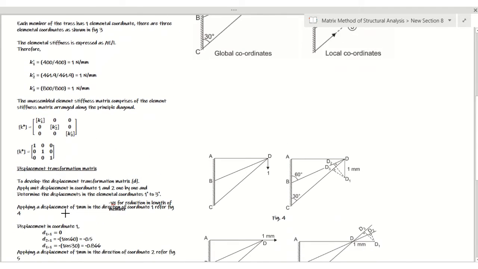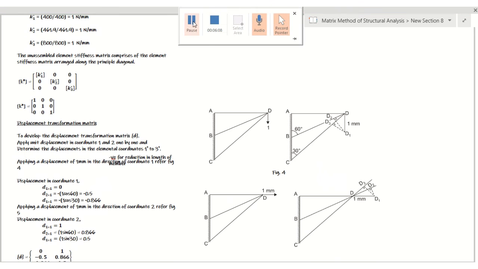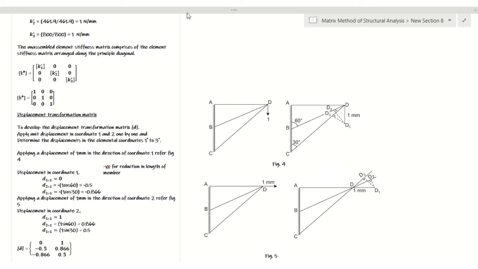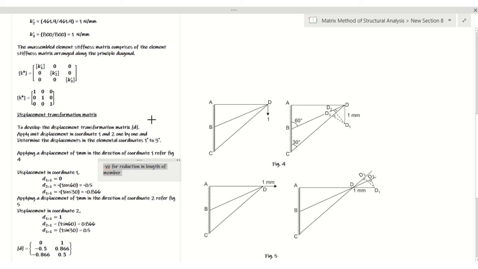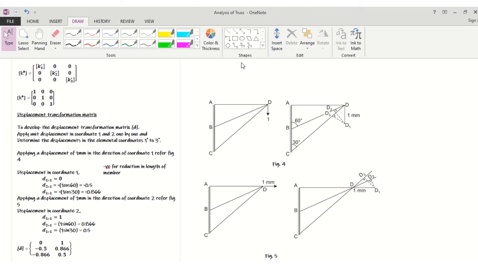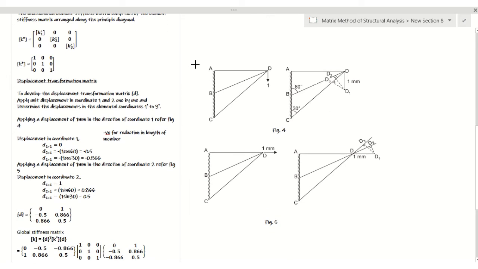Now what we need to do is to convert this into global stiffness matrix. To convert it to global stiffness matrix, we require the matrix what we call the displacement transformation matrix. So here is the displacement transformation matrix. For developing the displacement transformation matrix, you need to start applying the unit displacement in the global coordinate, and determine what are the displacements in the elemental coordinates.